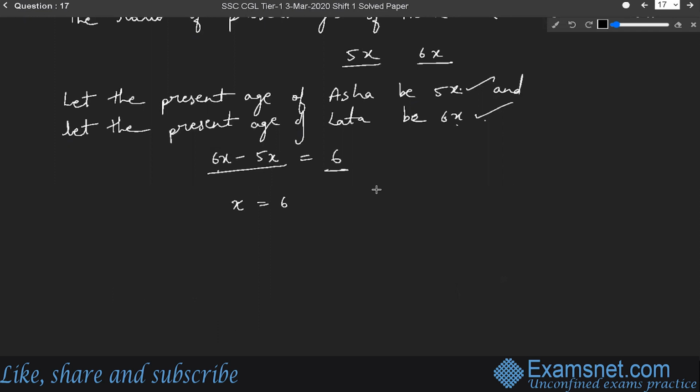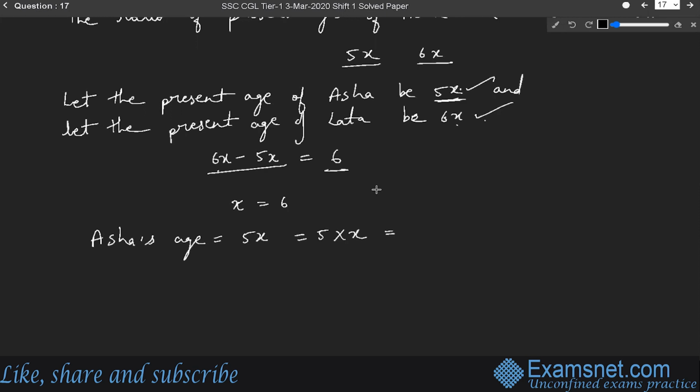In this question, we have to find Lata's age after 5 years. So in order to calculate that value, first we must have the present ages of Asha and Lata. So the present age of Asha is 5x. We have supposed it. So Asha's age will be 5x. 5x means 5 into x.